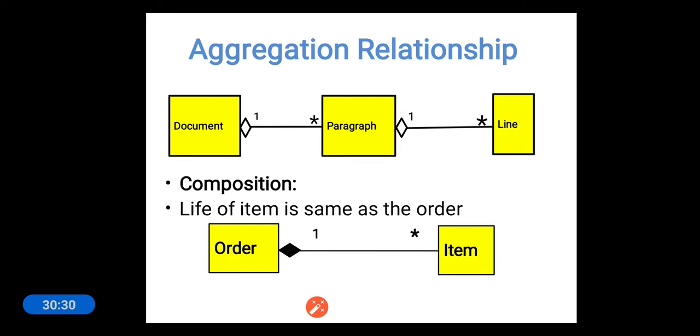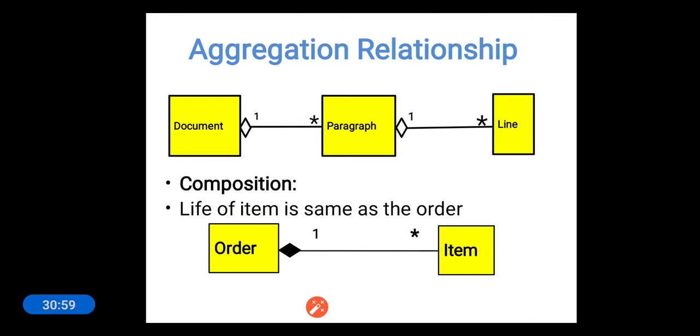Next, coming to the composition. A slight difference will be there between the aggregation and composition. Coming to the aggregation, in the aggregation the lifetime of the objects may vary. Suppose there is a single line, can we say there is a paragraph? No. Even though there is no paragraph, the line can be present.